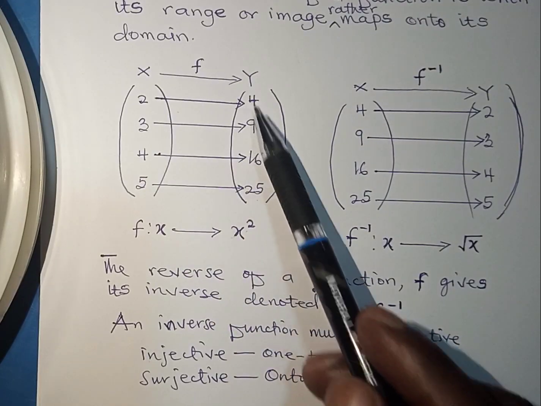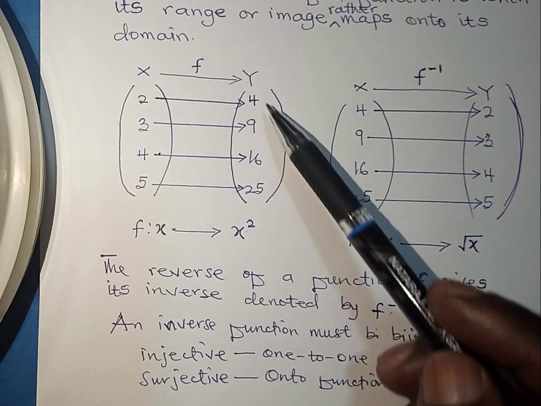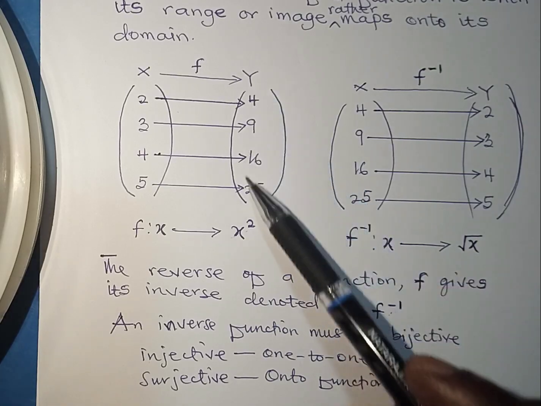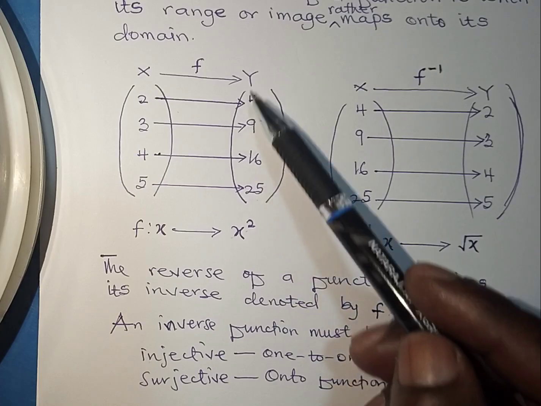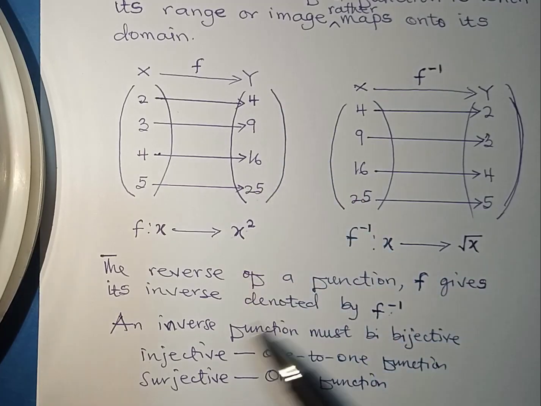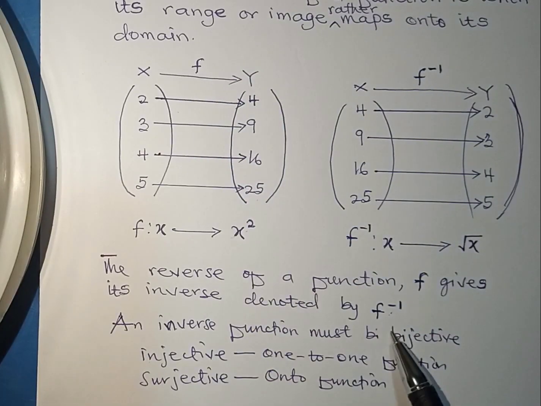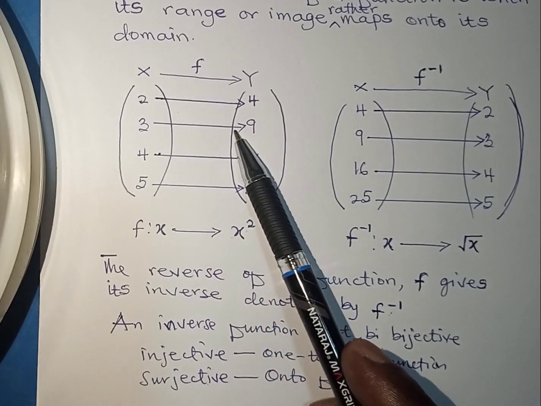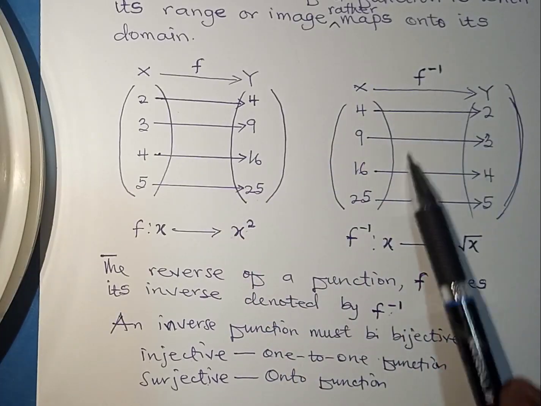That makes it surjective. It means that all these are the range, and at the same time all these are also the codomain, meaning that they are the same. If they are the same, then this function is bijective. So it is both injective and surjective, that is, both one to one and onto. Once you realize that the function is like that, then we can have its inverse.